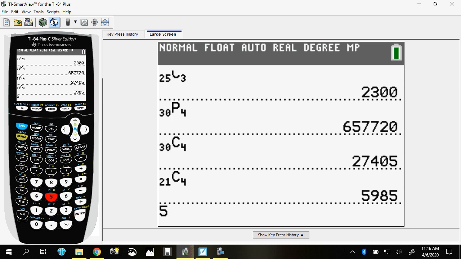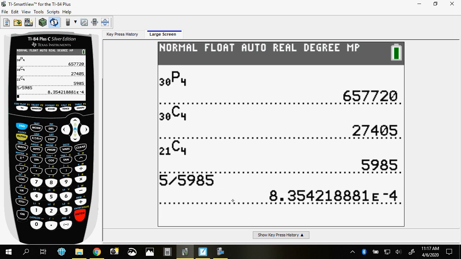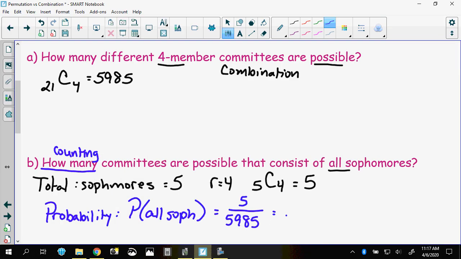So 5 divided by 5,985, which gives me, moving this 4 spaces, we'll put 3 zeros in front of that 8. So we're looking at 0.0008 probability for this, or 0.08%.